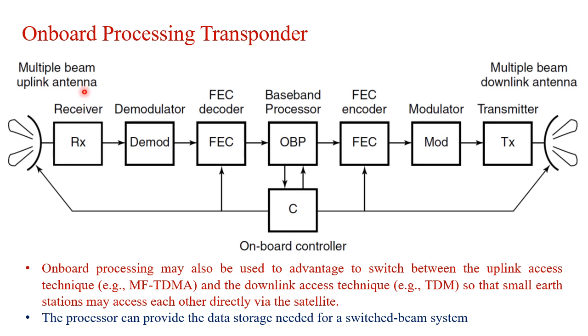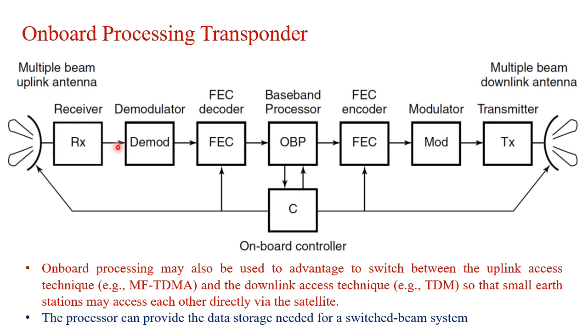So what happens, there is a multiple beam uplink antenna. Nowadays this type of antenna is available. Then we have the basic receiver, right? Then we have the demodulator. Then we can apply a decoder for forward error correcting code, because during transmission some errors may be there.